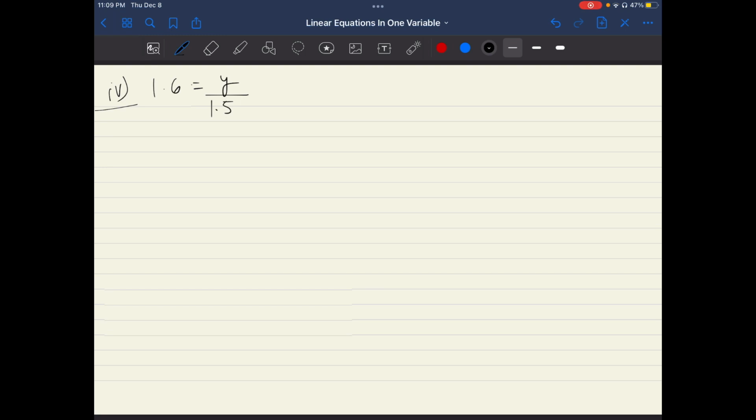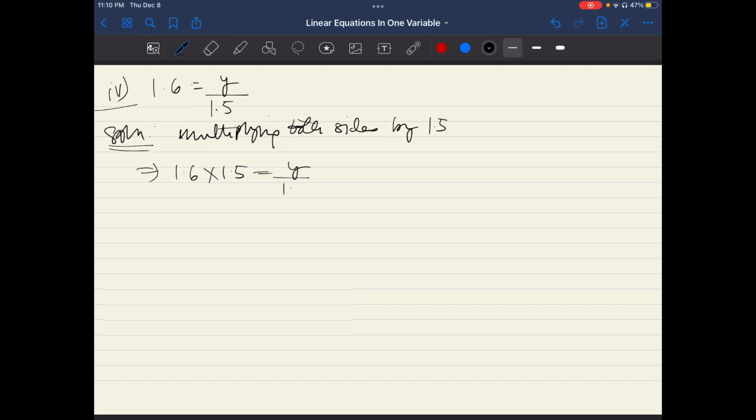Now in this equation, we will start with multiplying both sides by 1.5. We get 1.6 times 1.5 equals y over 1.5 times 1.5, which equals y equals 1.6 times 1.5, which is 2.4.